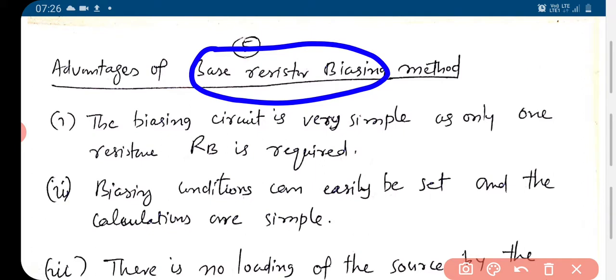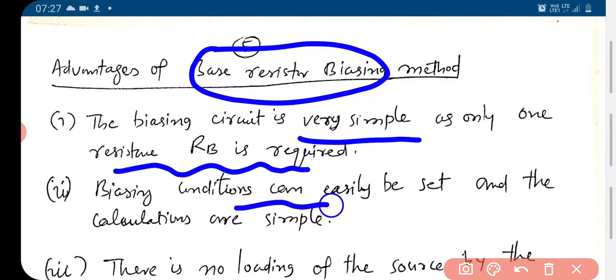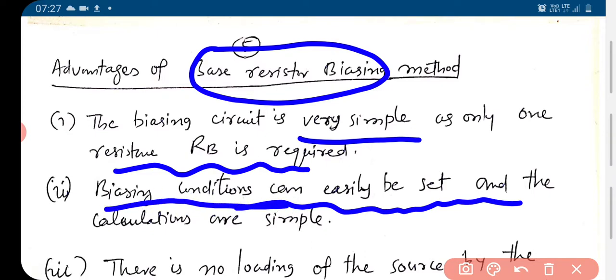The biasing circuit is very simple, as we need only one resistance RB connected to the base. So the biasing conditions can easily be set. The calculations are very simple, and the equations that we use for finding IC and VCE are too simple.